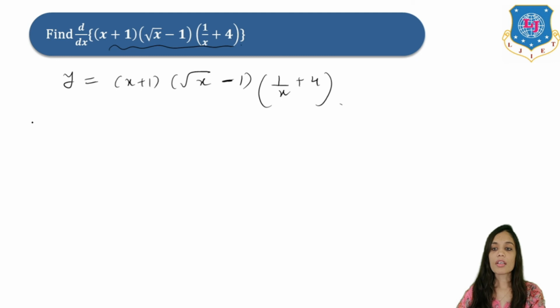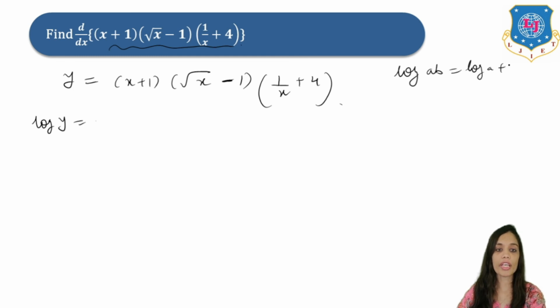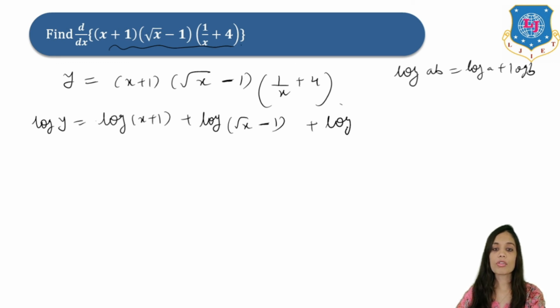Let us apply log on both the sides. So log y is equal to, now we know the formula that log AB will be equal to log A plus log B. So here we will get log (x plus 1) plus log square root (x minus 1) plus log of 1 upon (x plus 4).